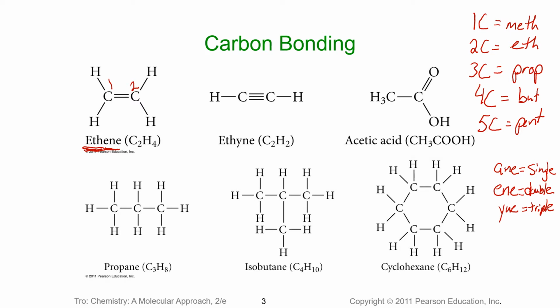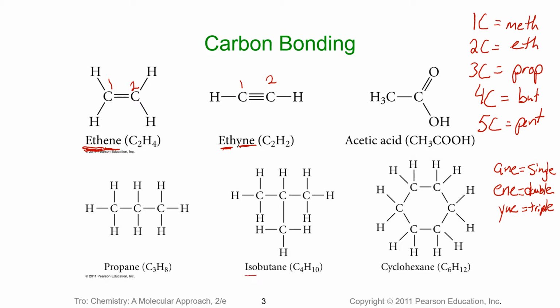If we look at our next example, we have eth, which is 2 carbons, 1, 2, and the yne tells us that there's a triple bond between them. You can decide how many hydrogen there are based on the name because we know that carbon likes to form 4 bonds. So any bonds that are not to carbon are going to be hydrogen.